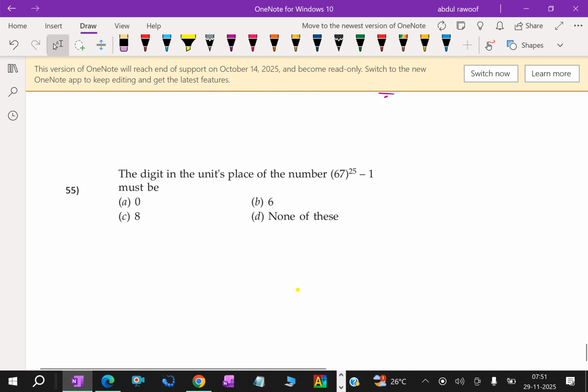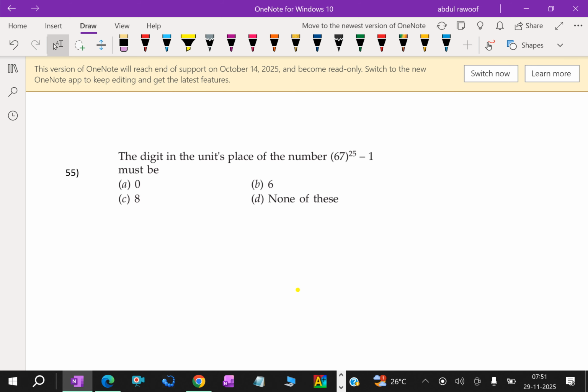Next is the digit in the unit place of the number 67 power 25 minus 1. Here, same procedure. 67 power 25.